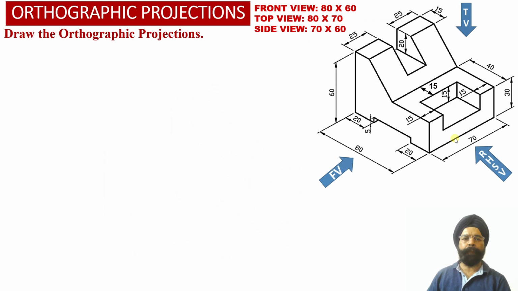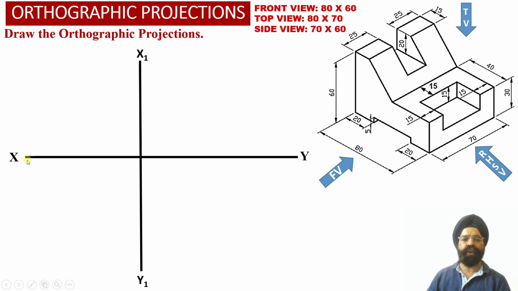Now in order to obtain the orthographic projections of this solid, we have drawn the XY reference line, the X1, Y1 reference line, and we have also drawn a transfer line originating from the intersection of the XY reference line and the X1, Y1 reference line.